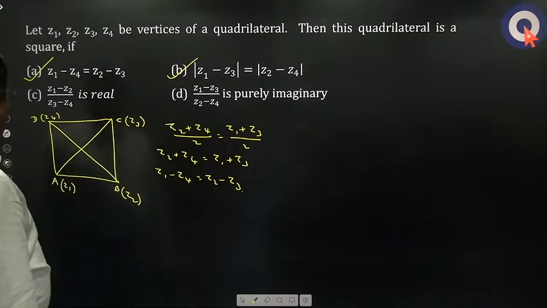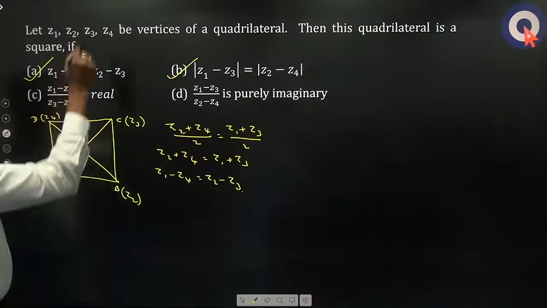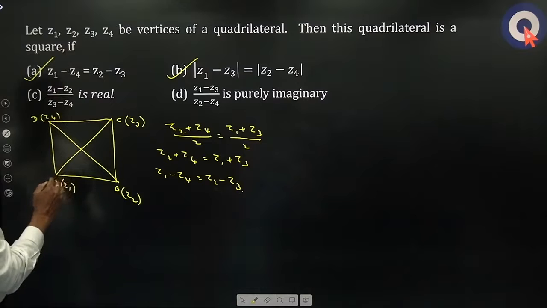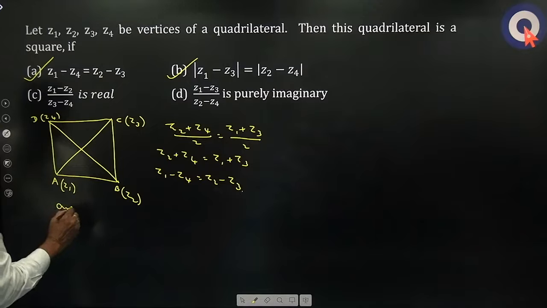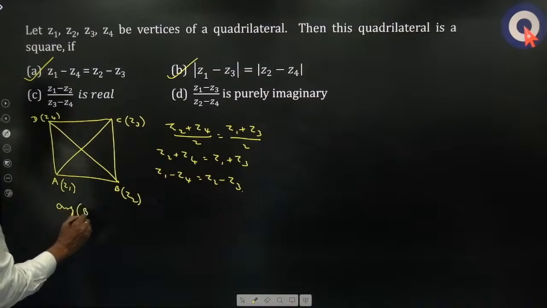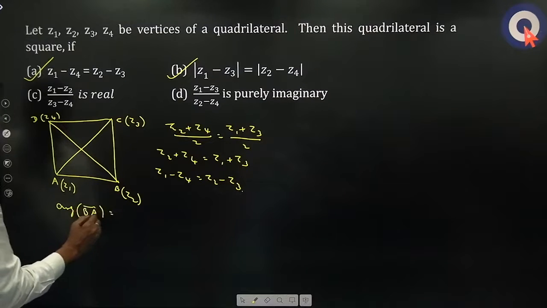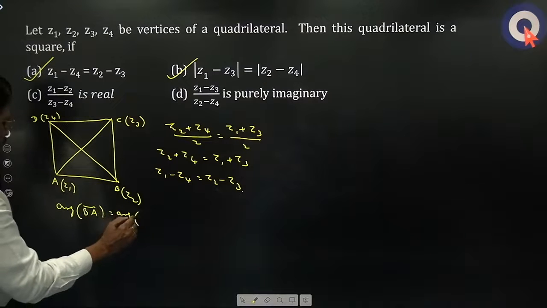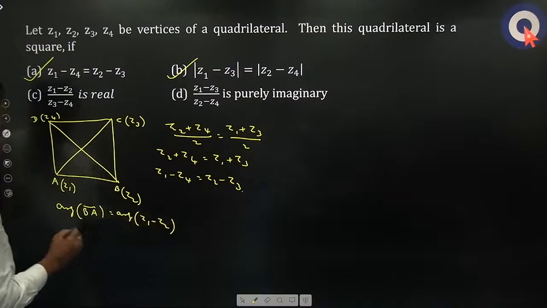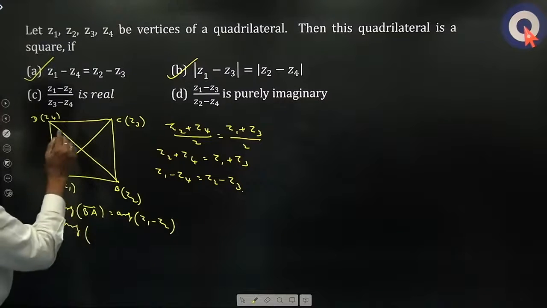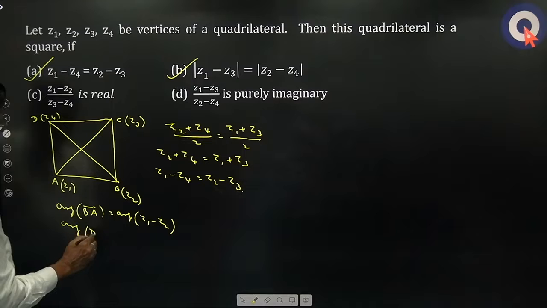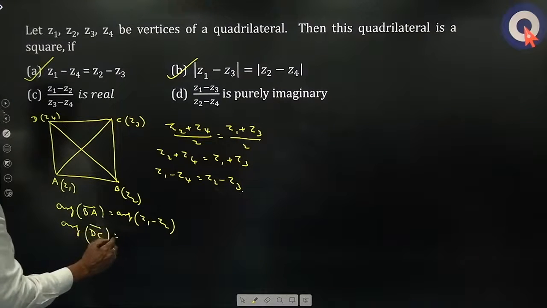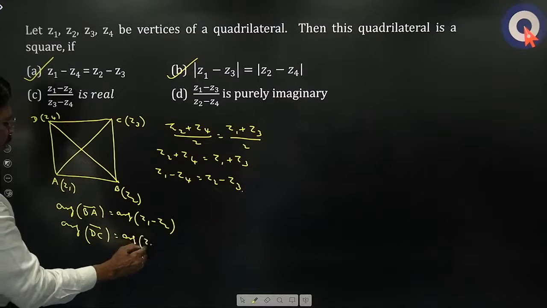Next, Z1 minus Z2 by Z3 minus Z4, is it real? All right. Argument of BA is what? It is argument of Z1 minus Z2. Next, argument of DC is argument of Z3 minus Z4.